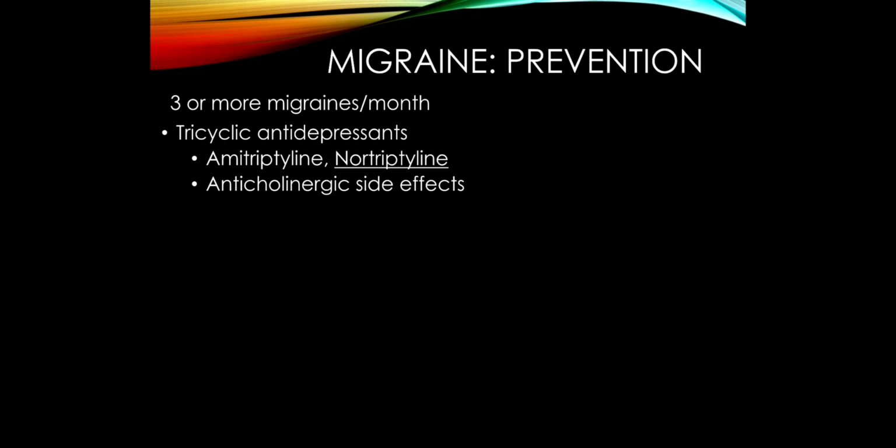First, we have the tricyclic antidepressants. These work really well. Most board review books will list amitriptyline, but any neurologist I've ever worked with always uses nortriptyline, okay? We prefer nortriptyline because it has fewer anticholinergic side effects as compared to amitriptyline.